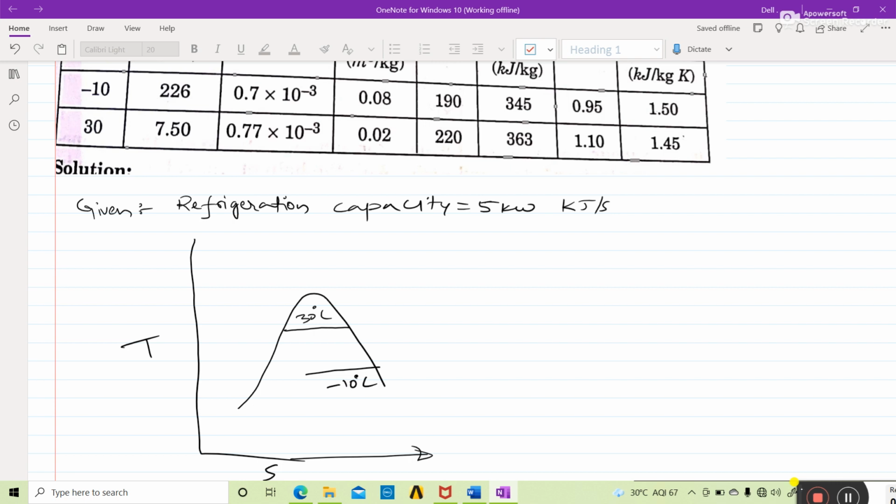I will call it as TH equal to 30 degrees Celsius, and TL equal to minus 10 degrees Celsius.